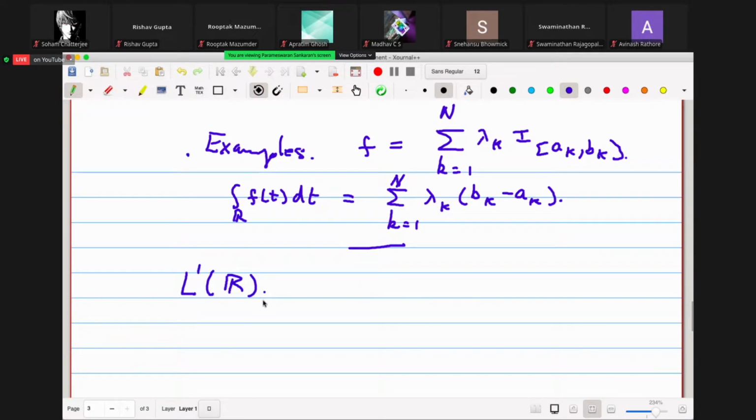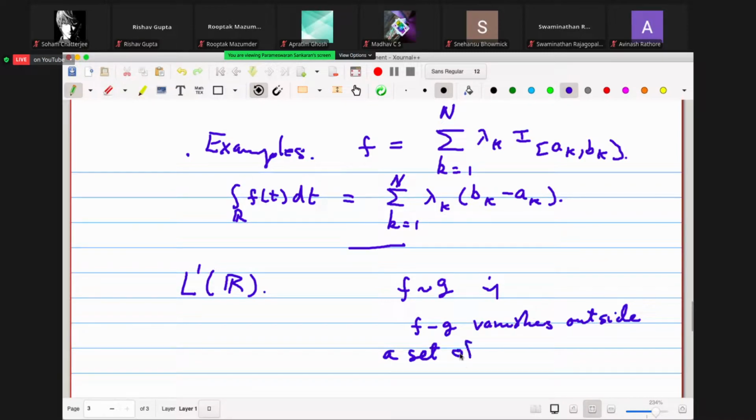But I wanted to say one other thing, not just the notation. In this theory, you identify two functions f and g if the difference f minus g vanishes outside a set of measure 0.